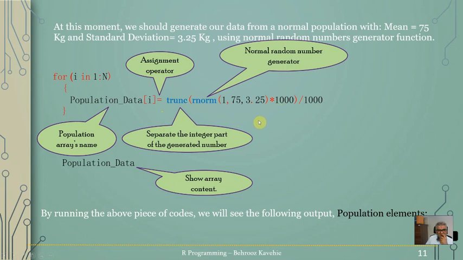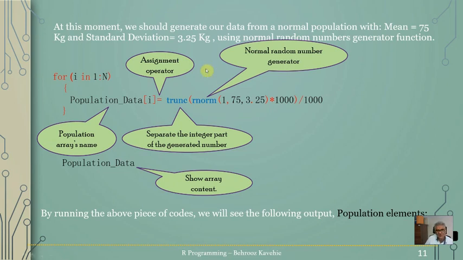The output is a number which consists of a double or triple digit integer part, a decimal point, and a 3-digit decimal part. So here we had an array called population data, an assignment argument that puts the value on the right in the variable on the left.